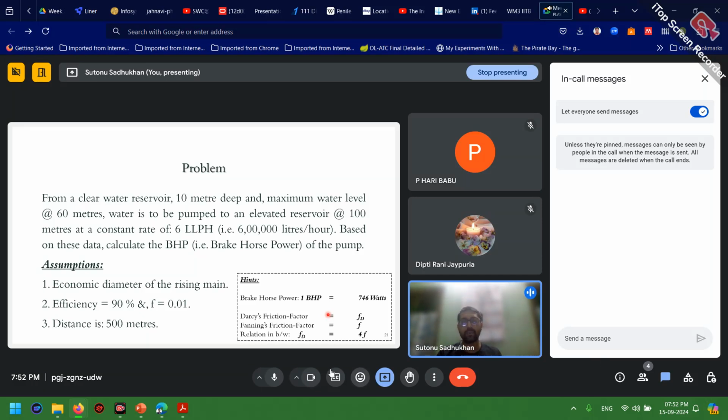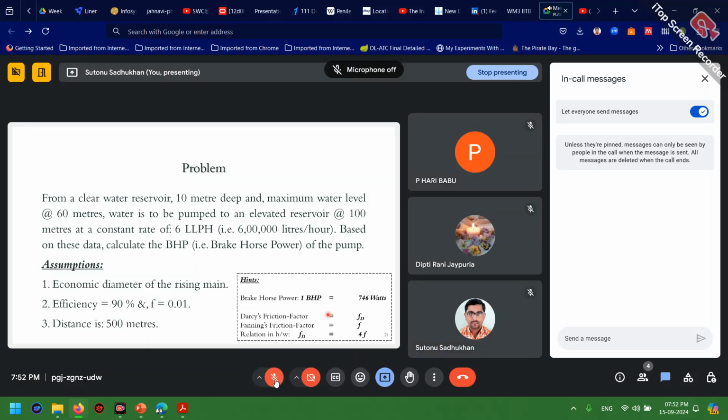Okay, I'll wait for 2 minutes because this is not a very simple problem. If you have gone, let's say, 5 steps, then you can state the value which you have got after five steps and tell me the unit of the step.